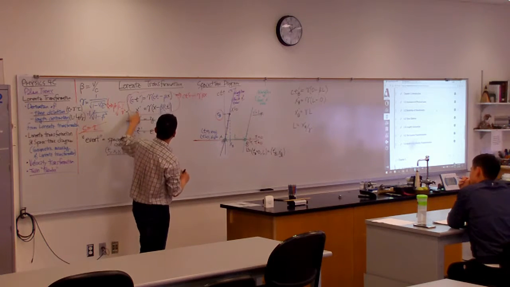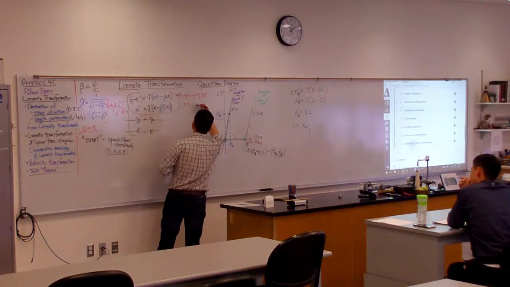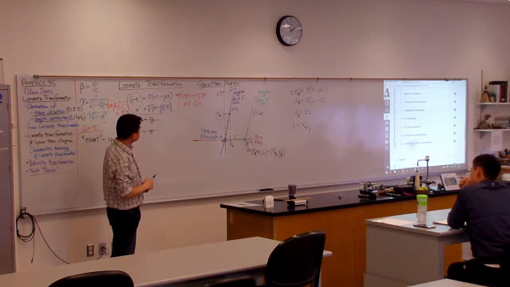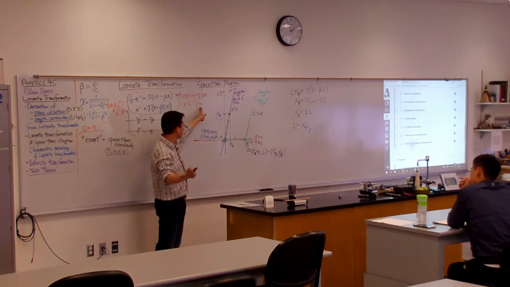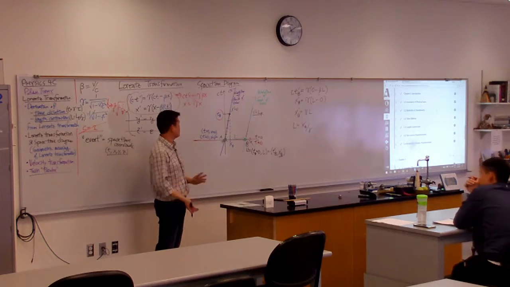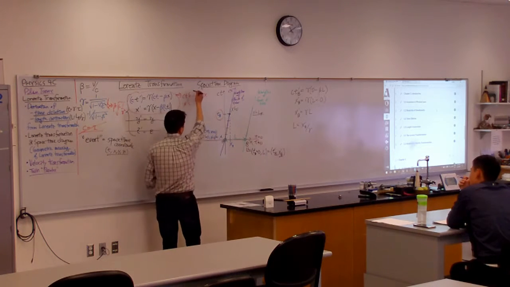And I get x prime is equal to gamma x. So between x prime and x, it's not all that weird. I'm just rescaling it. So something about Lorentz contraction. Now, it's this thing that's interesting.